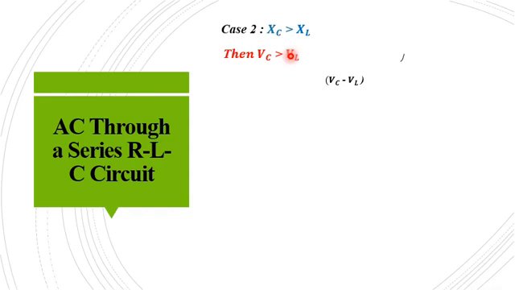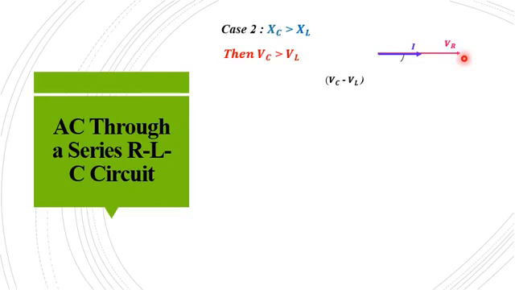Here also the current will be taken as the reference phasor, and the reference phasor should be drawn horizontal. So first of all we draw the current phasor. This is your current phasor. Next, the voltage across the resistance, the VR phasor, should be in line with your current phasor, because in a purely resistive circuit, current is in phase with the voltage.